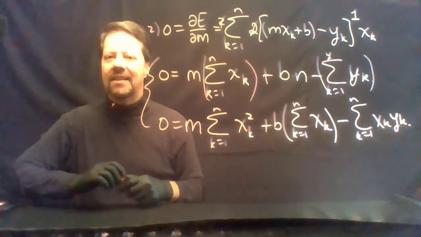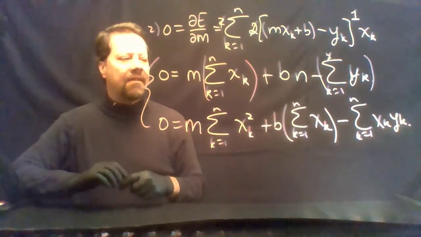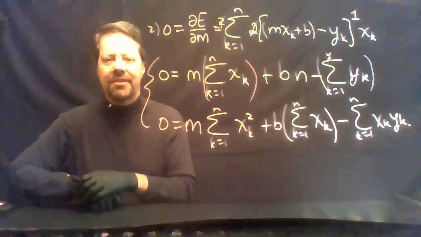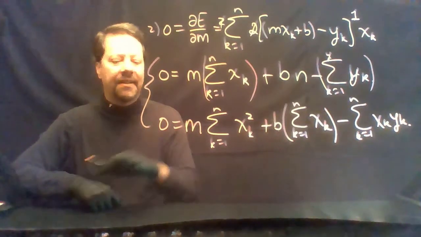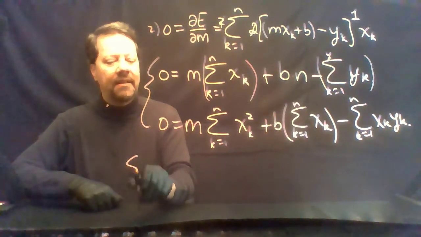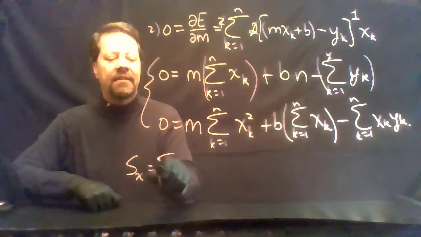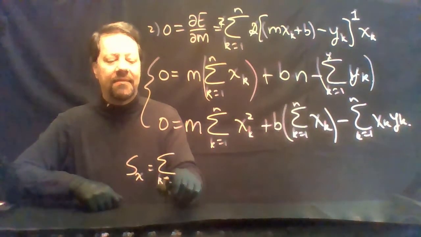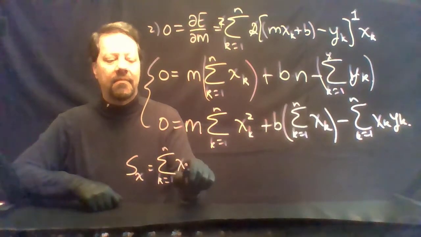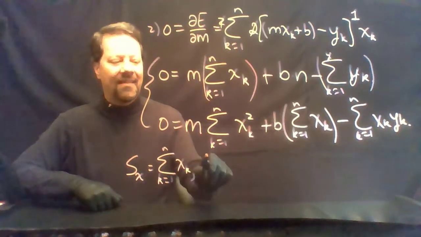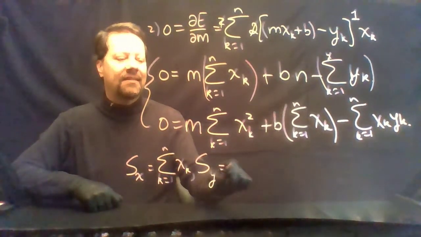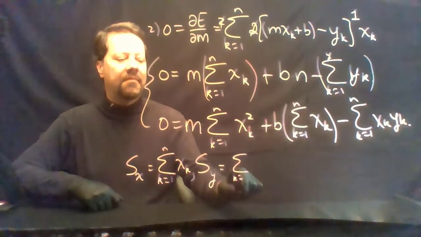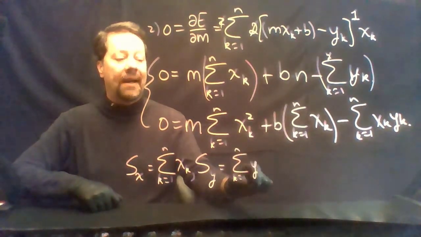We're going to write this a little differently. There are some standard notations in statistics that we are going to apply here. In particular, Sx will be the sum of the x's. Sy will be the sum of the y's.